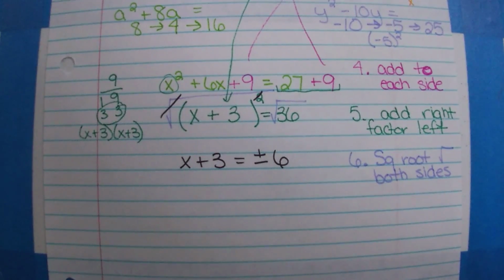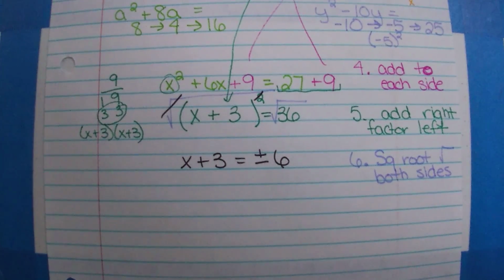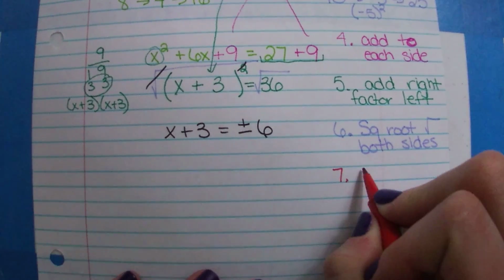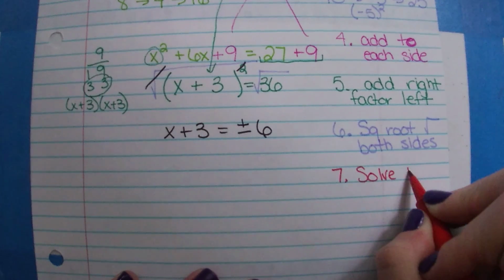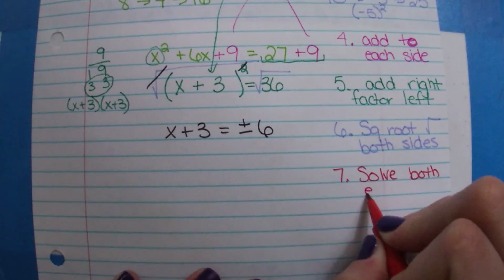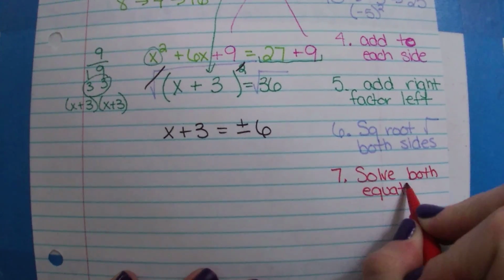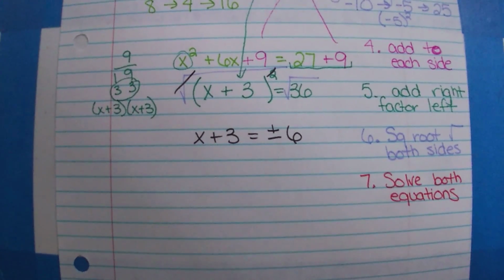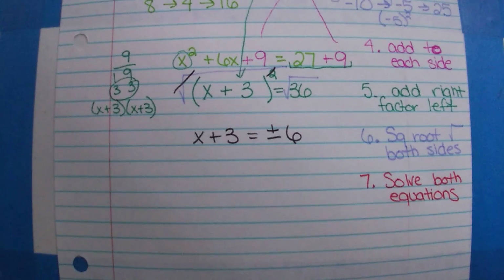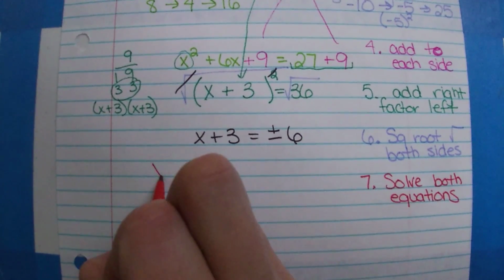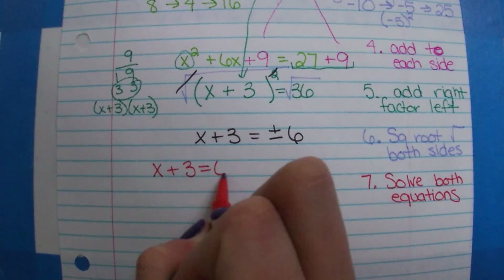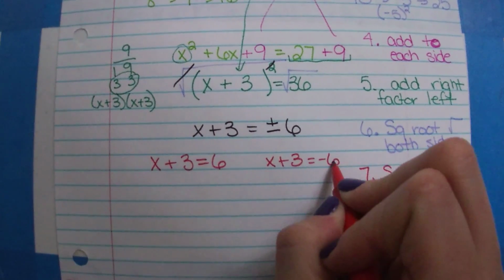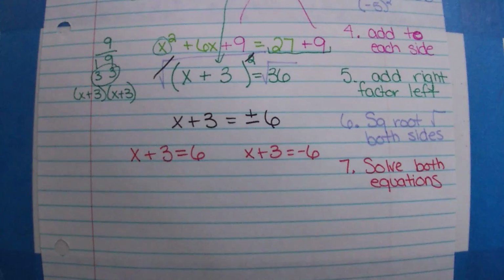Okay, then our last step, it's an important one. We have to make sure that we solve both equations. So plus or minus 6 is really 2 numbers, which means we really have 2 options happening. We have x plus 3 equals positive 6, and we have x plus 3 equals negative 6.